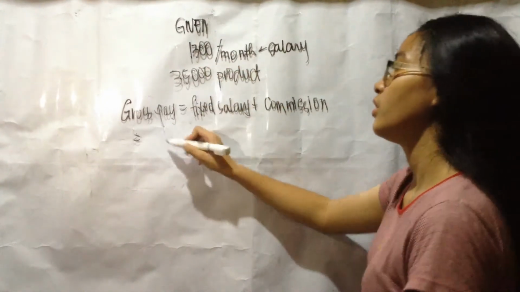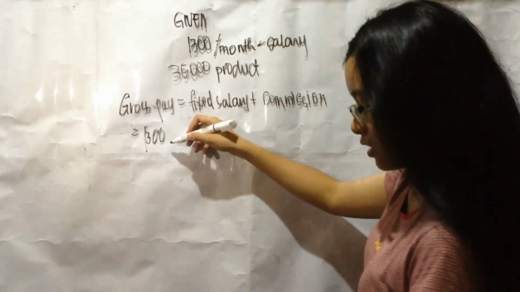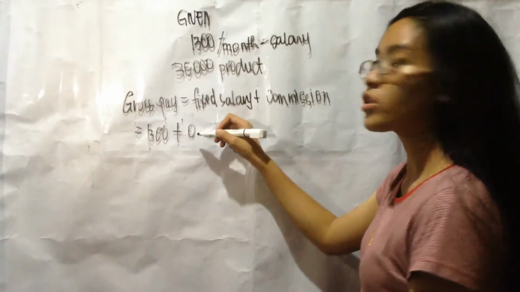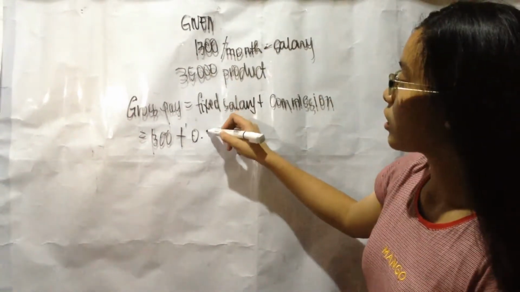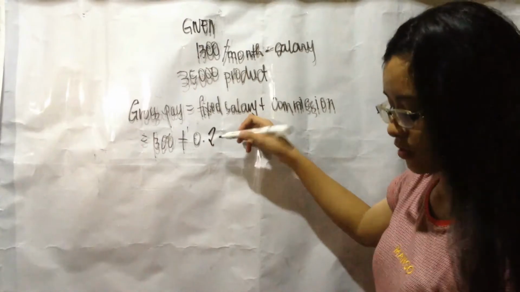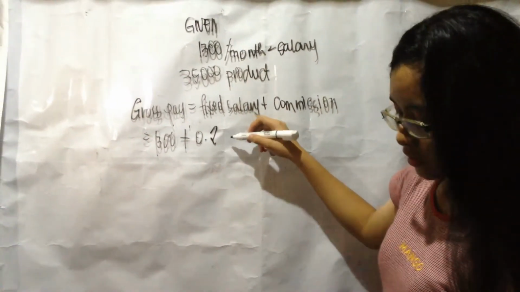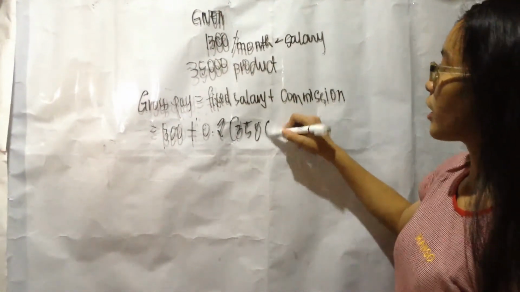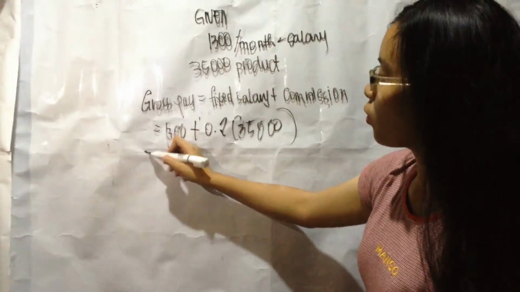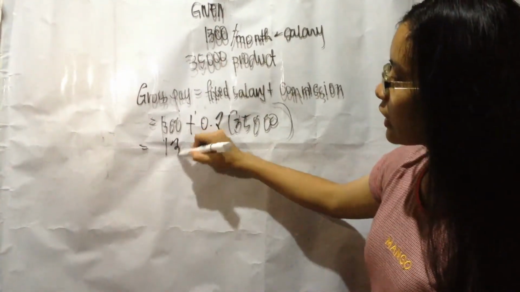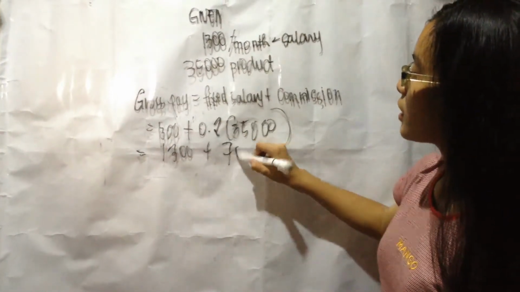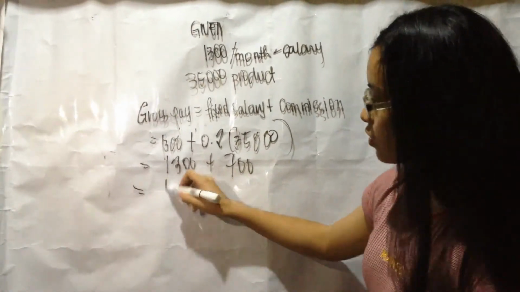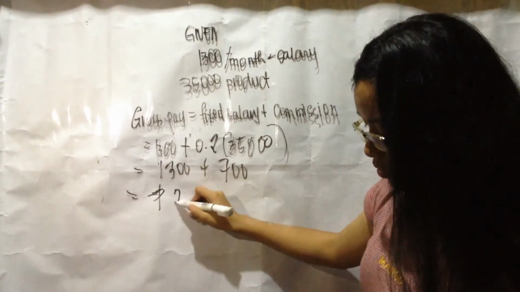Her salary 1,300 plus the percent, which is the 2%, times the product 35,000. So 1,300 plus 700 is equal to 2,000.